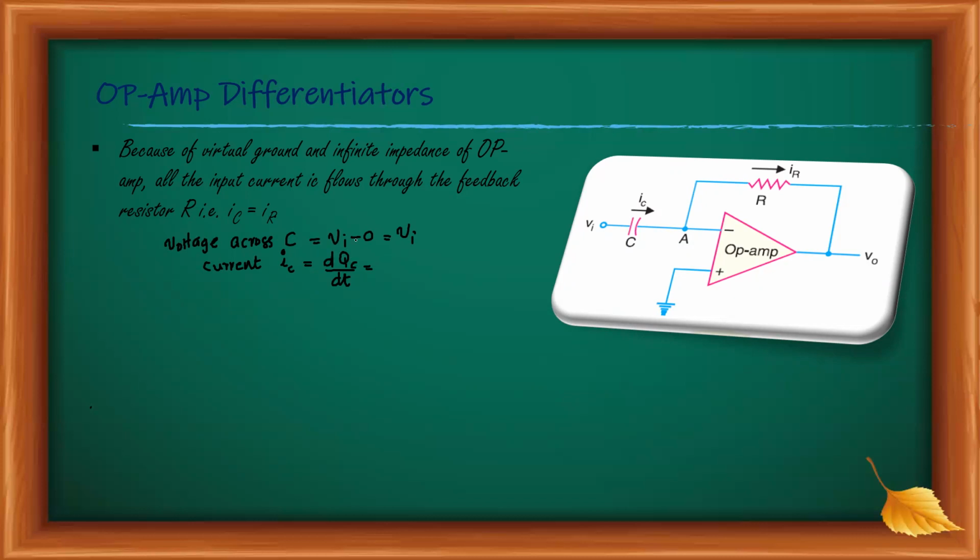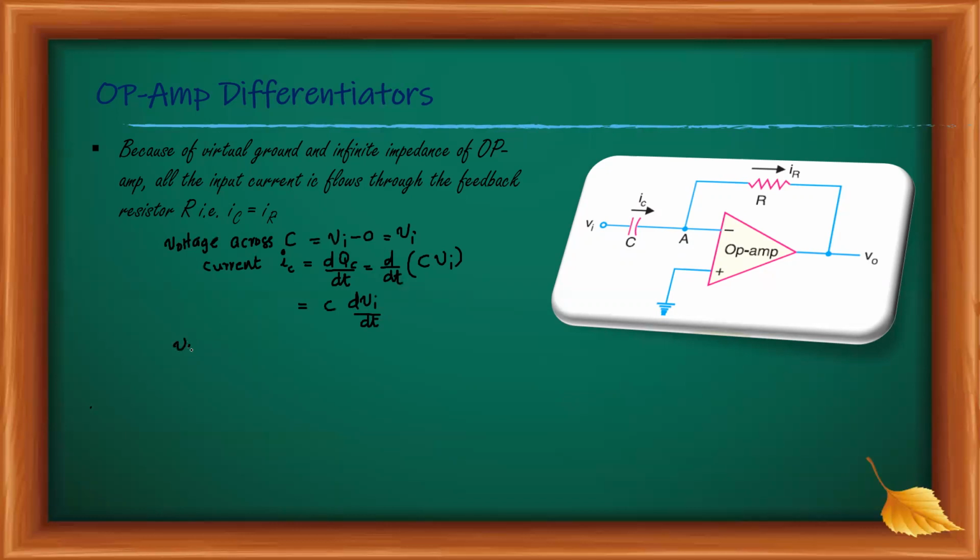And the voltage across the capacitor is Vi. So we write d by dt of C into Vi. It can be written as C into dVi divided by dt.